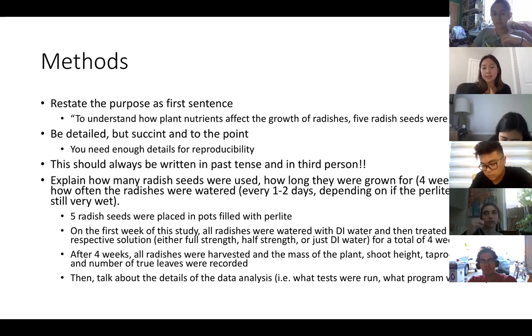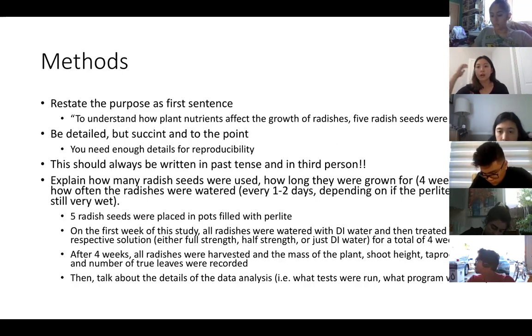Lauren, the other TA, and myself watered them about every 1 to 2 days, depending on if the perlite was still really wet. These are some examples of what you should put into your methods. If you need a bit of a refresher, the Lab 8 manual is on Dr. Brovich's lecture site, so you can go ahead and look at that as well. That'll help you write your methods too.